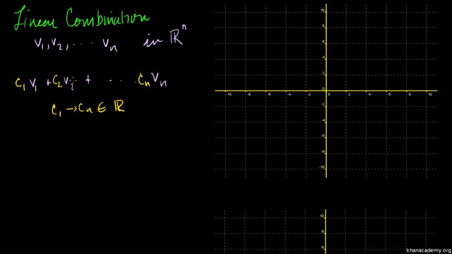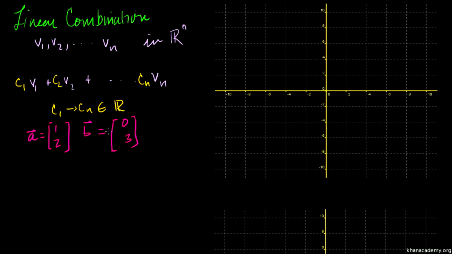Let me show you a concrete example. These purple v's are bolded because they are vectors. Let me define the vector A to be 1, 2, and the vector B to be 0, 3.